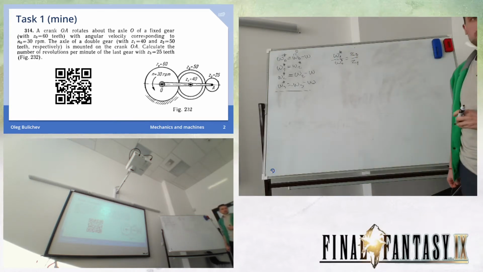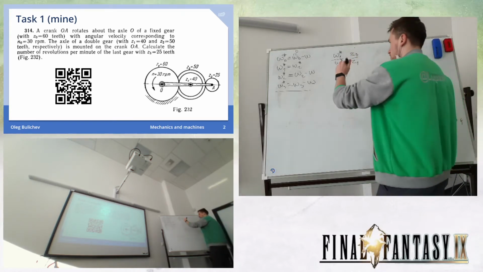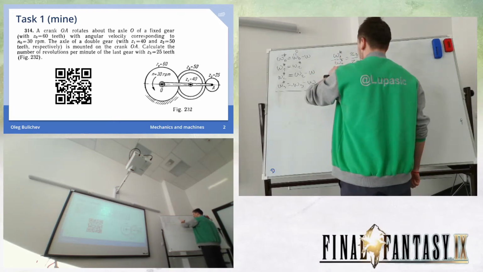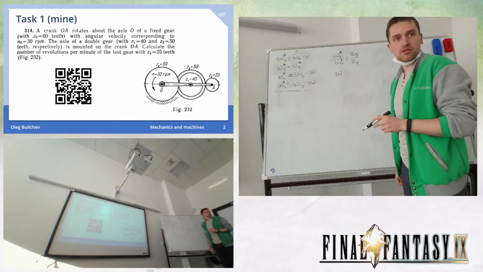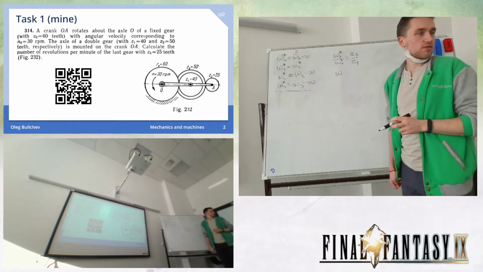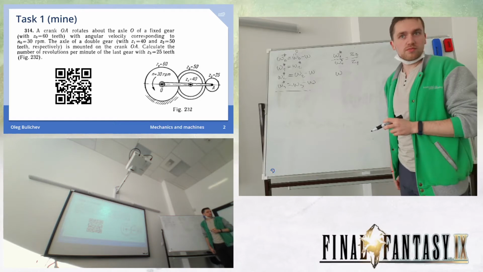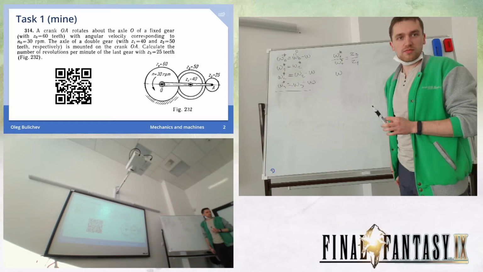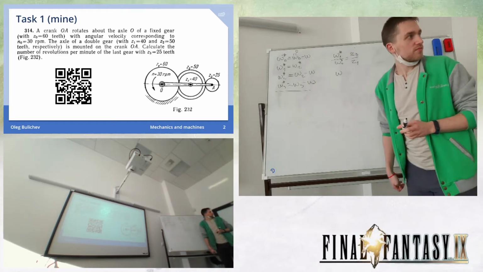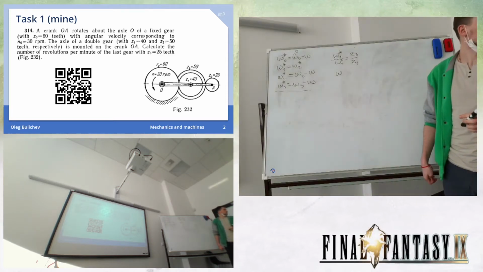Shouldn't it be negative? It's negative if it rotates in the same direction, I remember. No. If we just connect gears, it will be negative. If we connect them on an axle or shaft, it will be the same sign. 1 and 0 is negative.